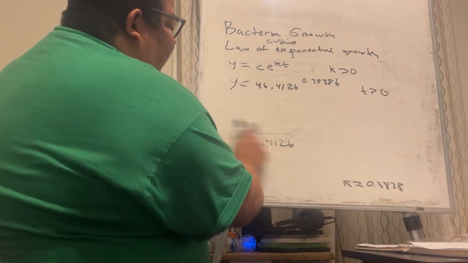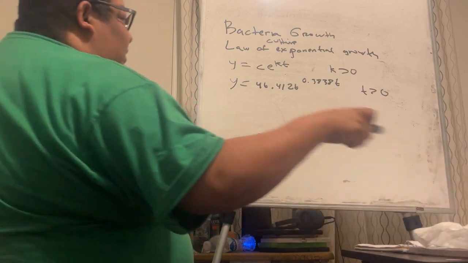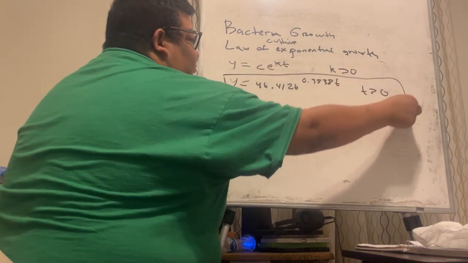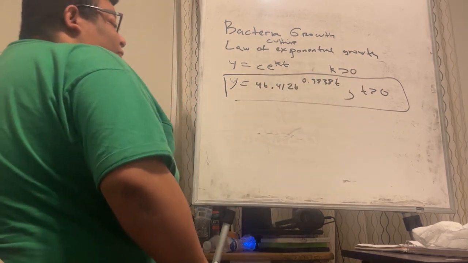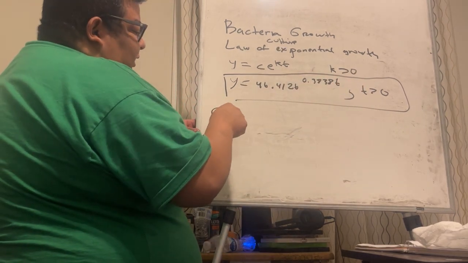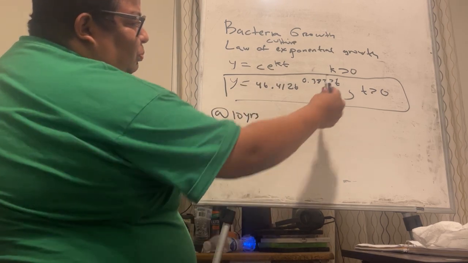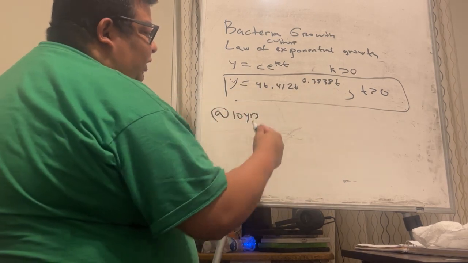Okay, so now the final problem is how much after 10 hours. We have a model now, so we just plug 10 into t, and we're going to get an answer.